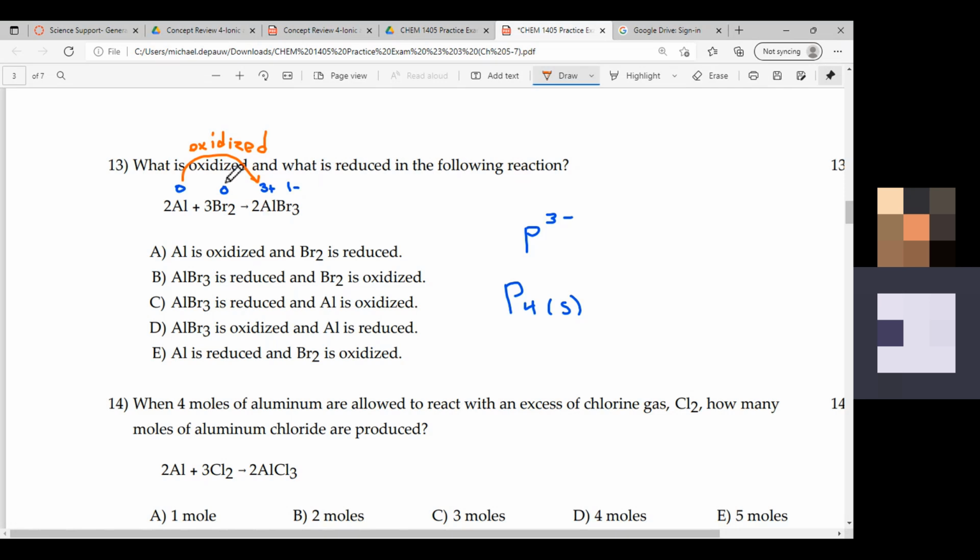Now here's the thing. For aluminum to go from 0 to 3 plus, has it gained or lost electrons? It's lost. Because electrons are negative, right? If you lose your negative attitude, you become a positive person. So that's kind of how it works.